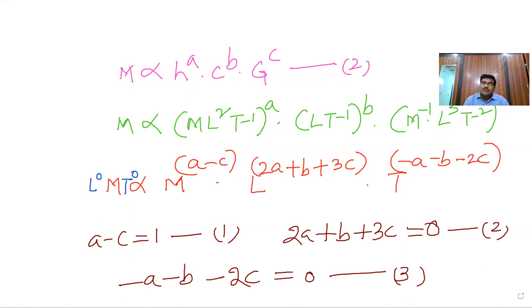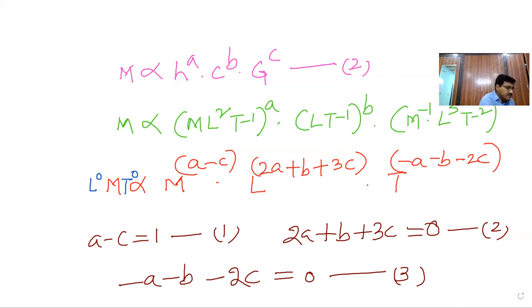A minus C is equal to 1 here. 2A plus B plus 3C is equal to 0, second equation. Minus A minus B minus 2C is equal to 0, the third equation. Have the clarity. Whenever you solve the equations, you must have the clarity in this. Solving equation 1, 2, and 3.